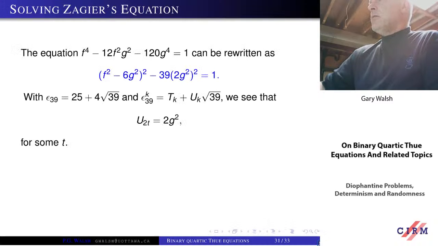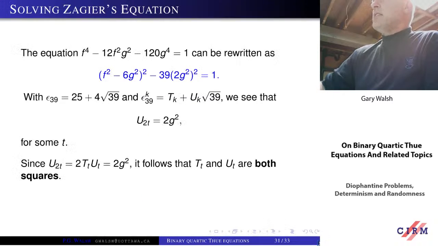And in this case, we get that this number 2g squared has to be u sub 2t. The index is even for obvious reasons. And finally, what does that say? That says t sub t and u sub t are both squares. And we've seen before that when that happens, t has to be equal to 1.